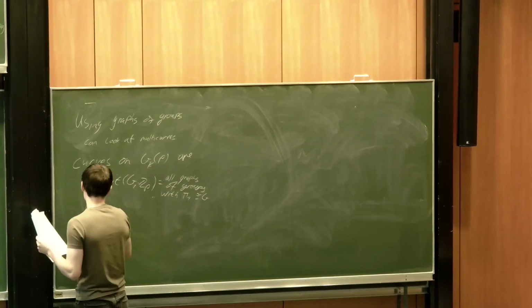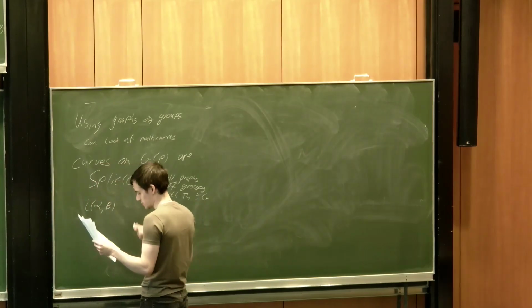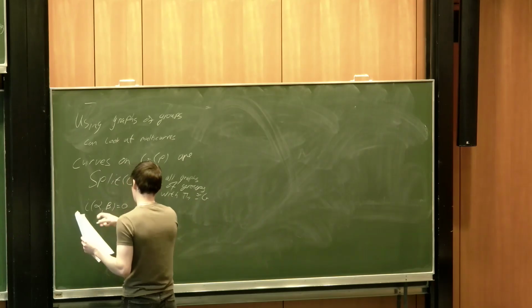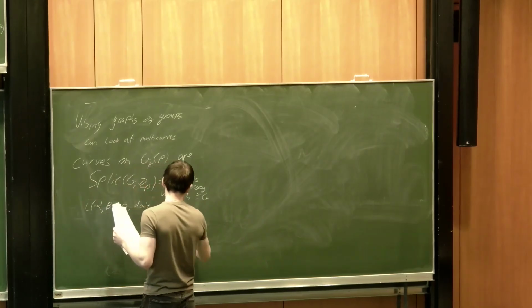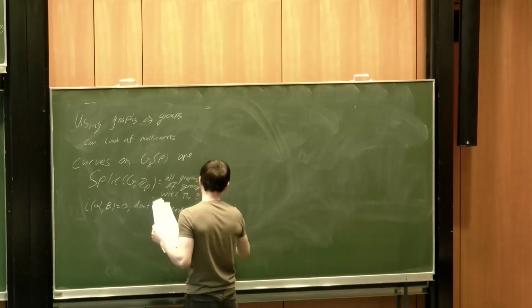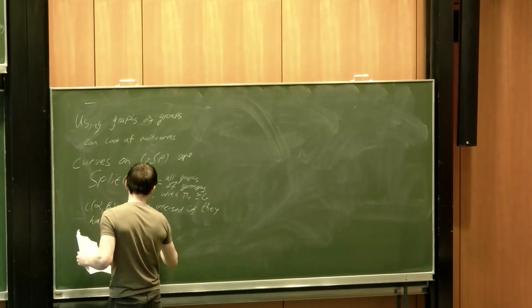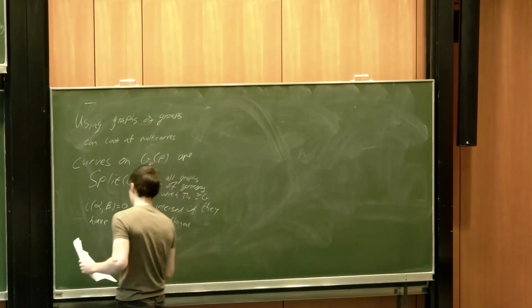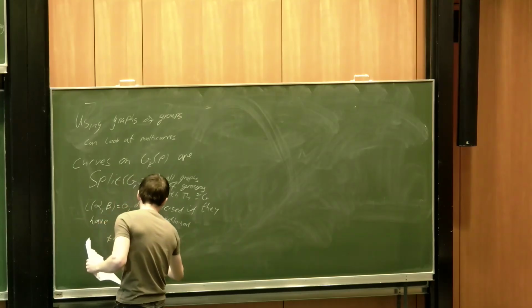So for now, I only need the following: if alpha and beta are two splittings, two simple closed curves, then the intersection number is 0, so they don't intersect, if they have a common refinement, and non-zero otherwise.